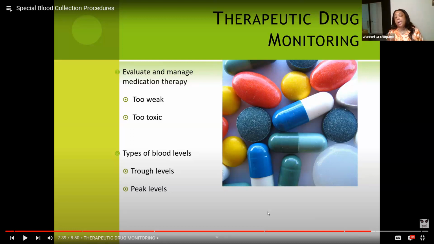So with that being said, a person will be under therapeutic drug monitoring because the doctor is trying to find a therapeutic range for this patient, whether it is strong antibiotics or mental medication. For example, lithium is the most common behavior type of mental medication a doctor can prescribe that can have the patient up and down.